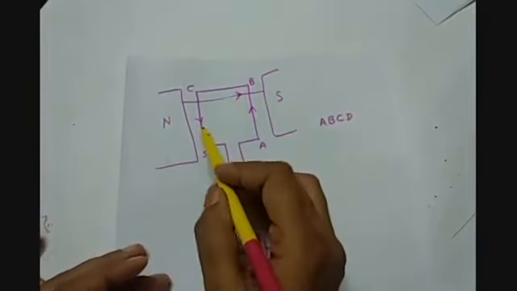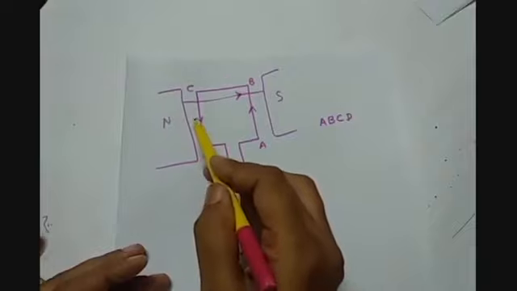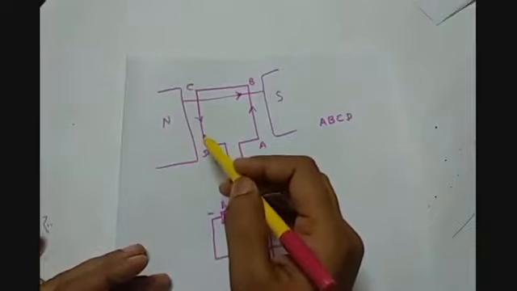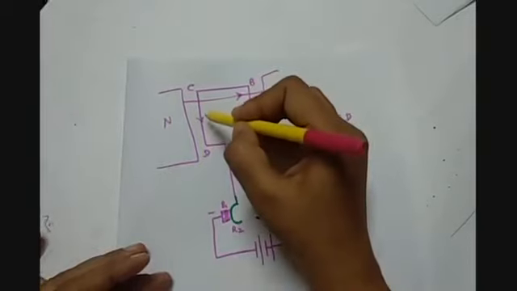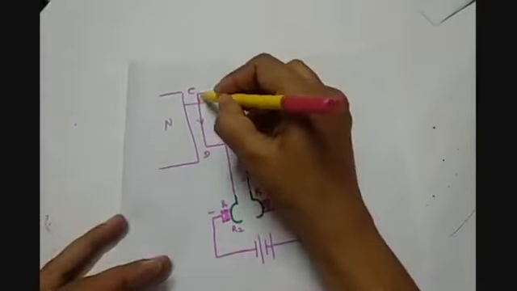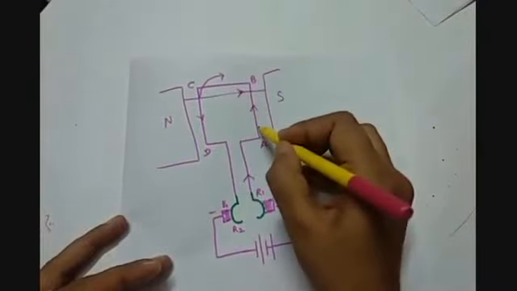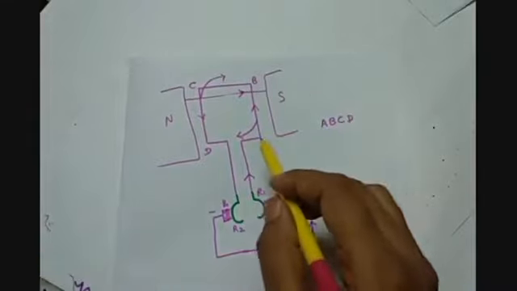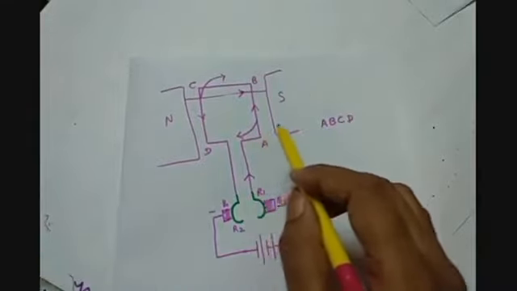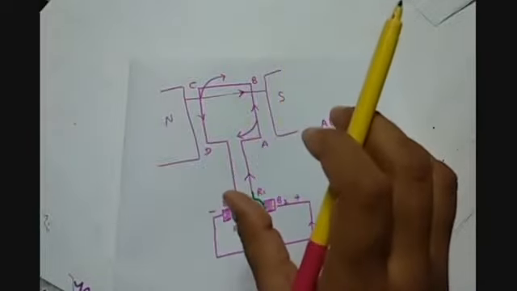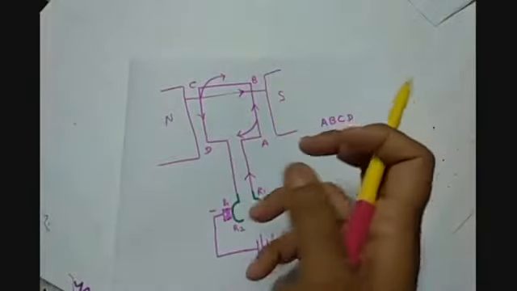So when we apply Fleming's left hand rule, we find that this is still moving in the upward direction and this moves in the downward direction. So this causes the rotation of the armature coil clockwise.